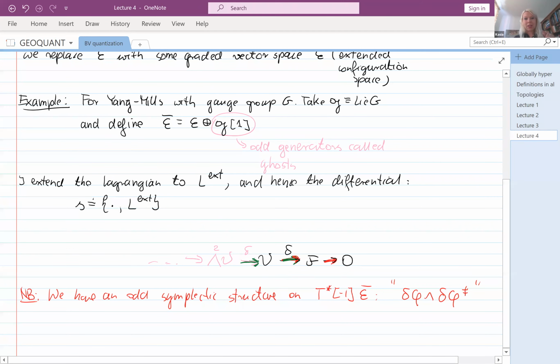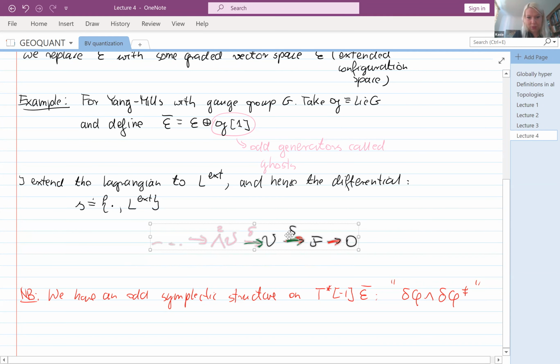So let's say in Yang-Mills theory, I'm writing now this complex. In Yang-Mills theory, H-1 becomes non-trivial. However, I want a resolution. For reasons that I will try to explain later, I want this complex to be a resolution.